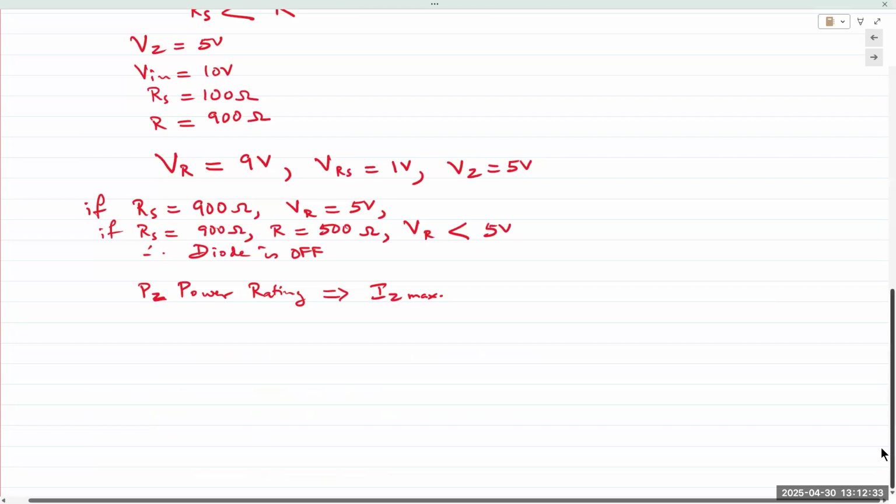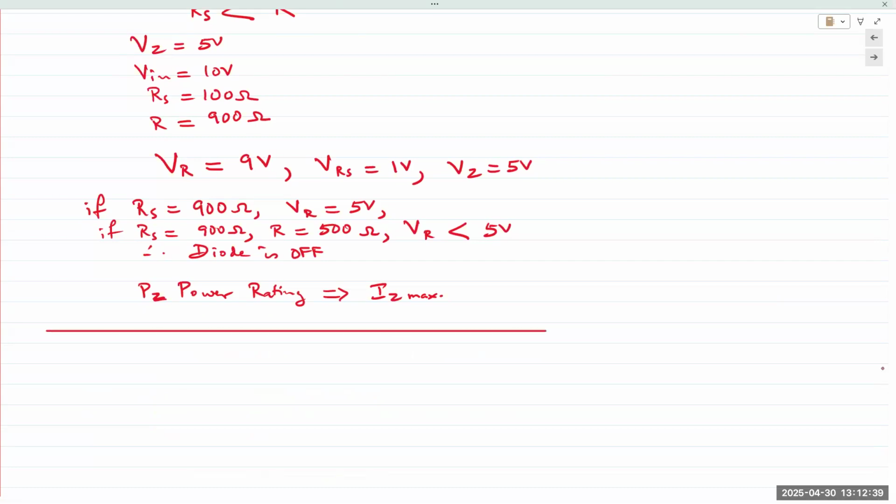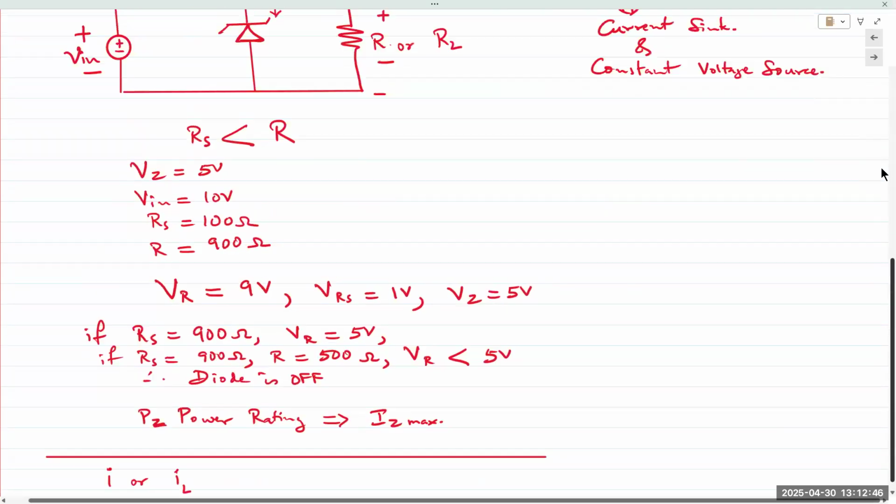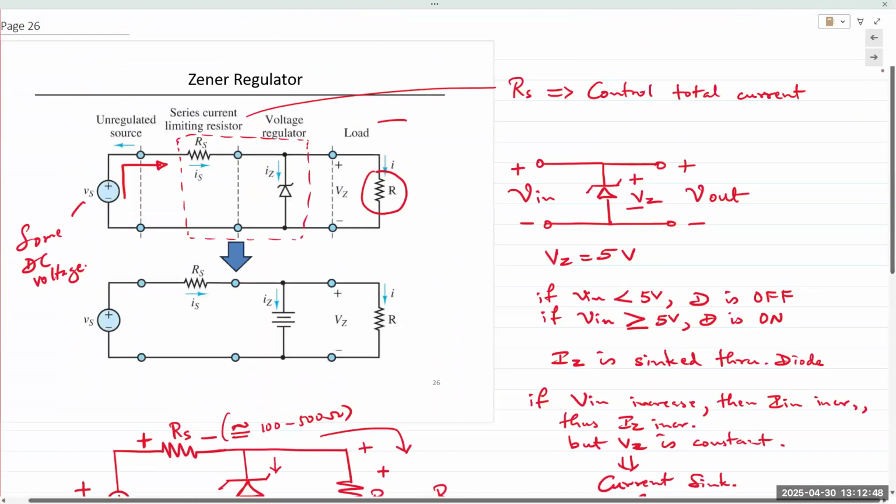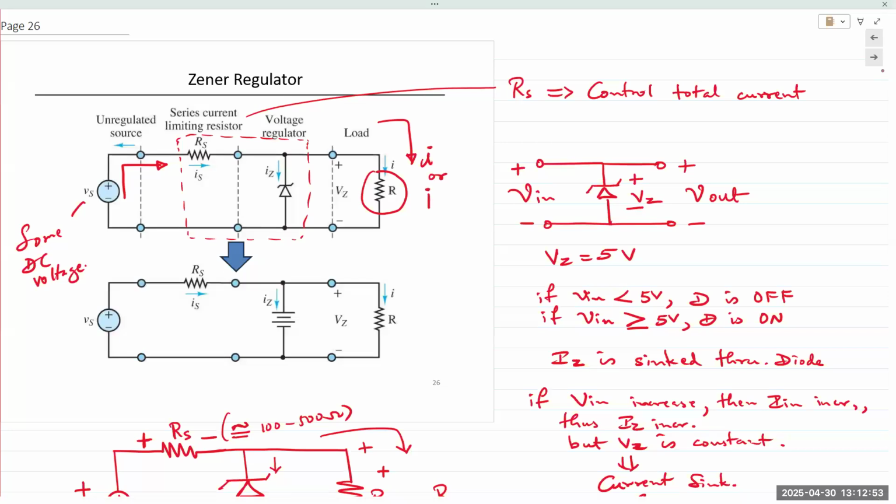All right. Now, two or three things that we need to keep in mind. The load current at the far right, let's call it I or IL. That's the load current coming from the top. And we have IS coming from the source, and you have IZ going down the Zener diode.